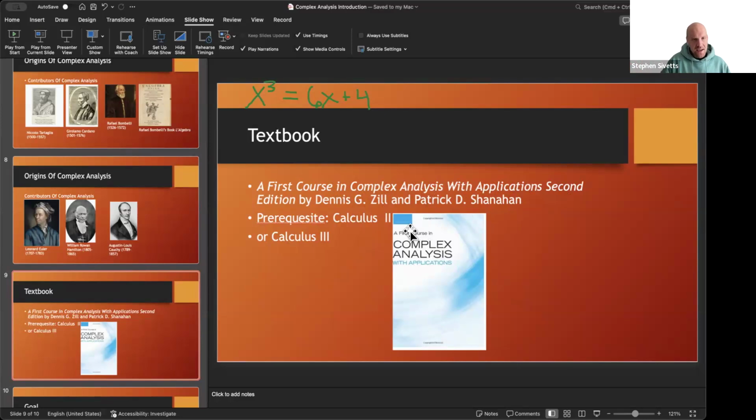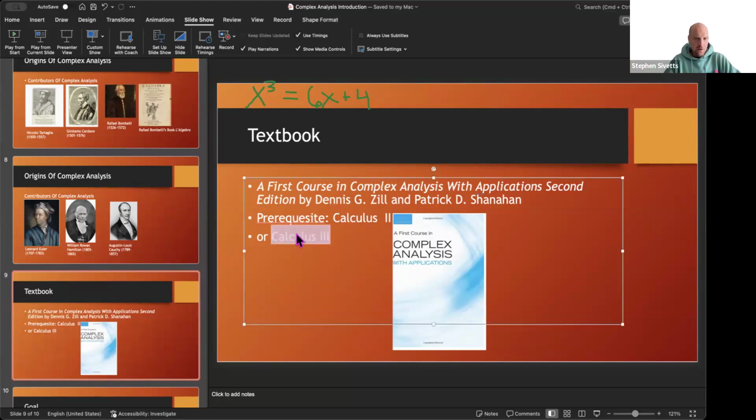Every math course is important, but the prerequisite for this course is that if you have taken either Calculus 2 or Calc 3, you should be okay. You should be able to tackle most of the content in this course and the problems listed in the textbook. In Calculus 2, we'll go over different types of Taylor series in the complex number system, and then Laurent series.